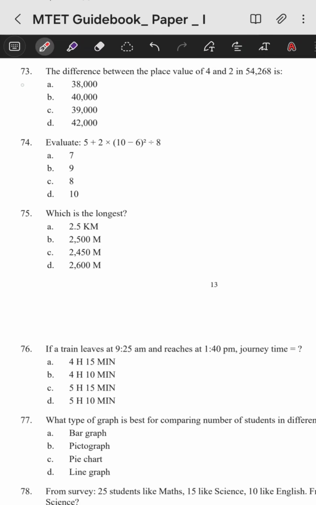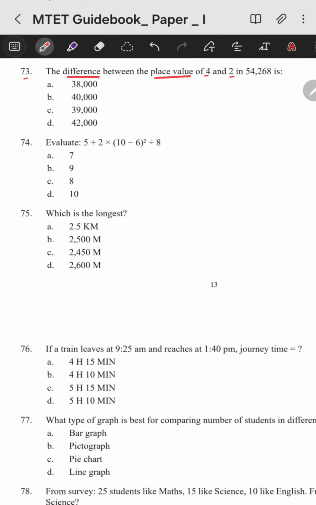The first question asks the difference between the place value of 4 and 2 in the number given here, 54,268. The important point is they ask for the difference. That means you have to subtract. What will you subtract? The place value of 4 and 2.